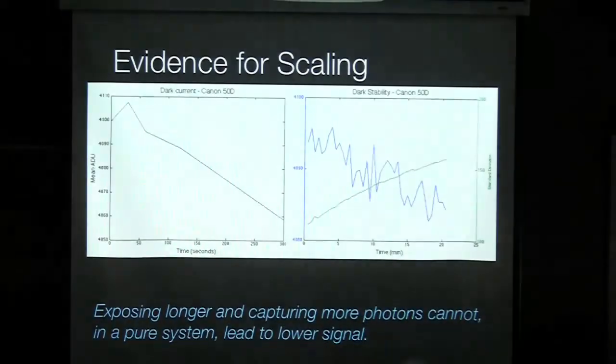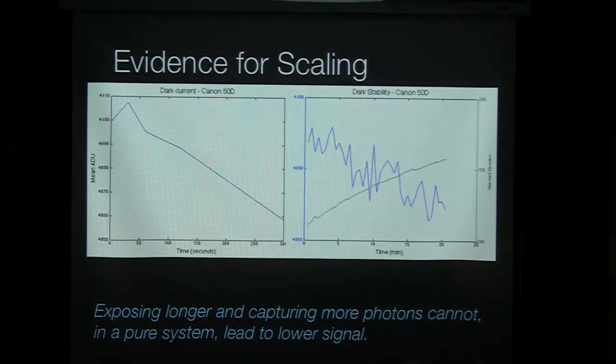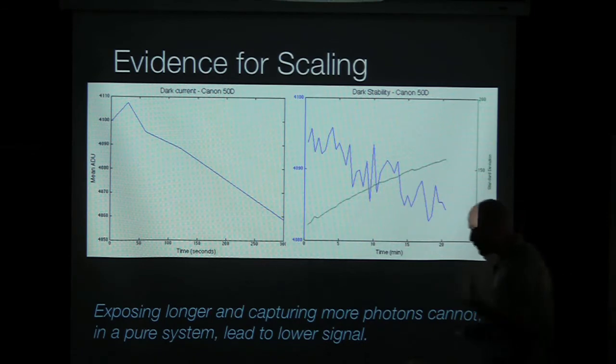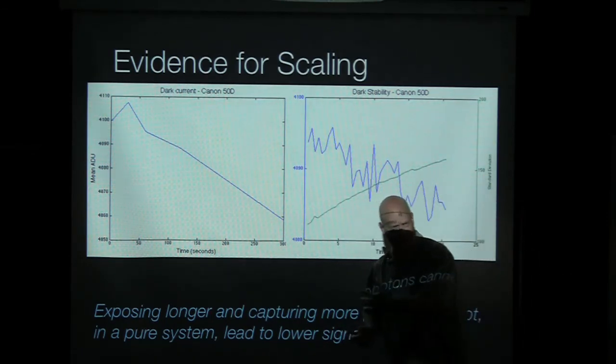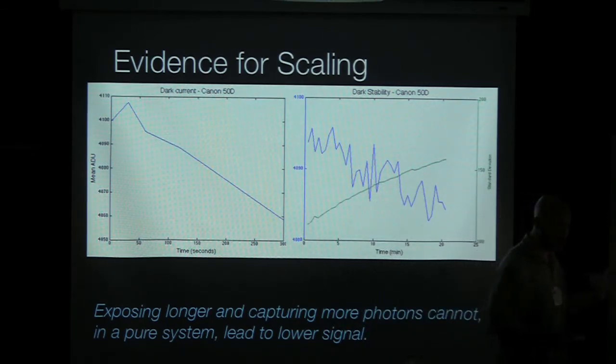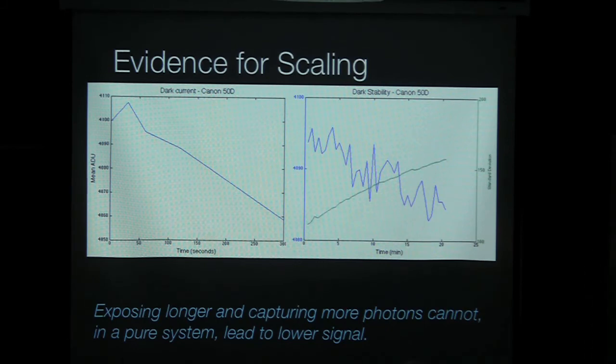Let's move forward here. Now I'm telling you that there's scaling going on, and I've shown you some evidence for it in the fact that the image is getting dimmer despite the longer exposure. Here's the actual dark current plot as a function of exposure duration.